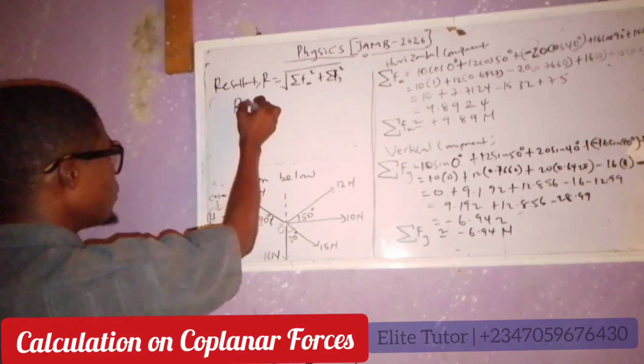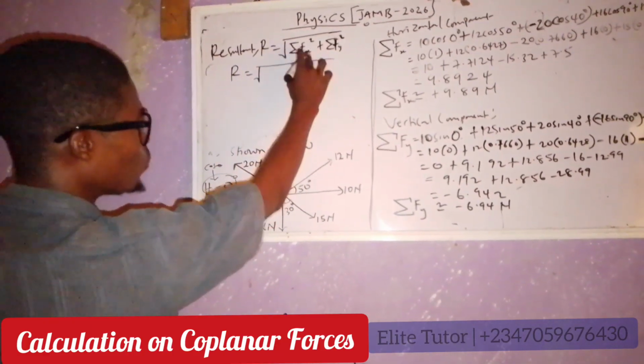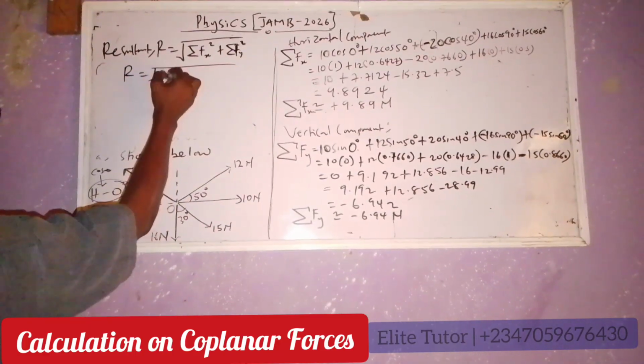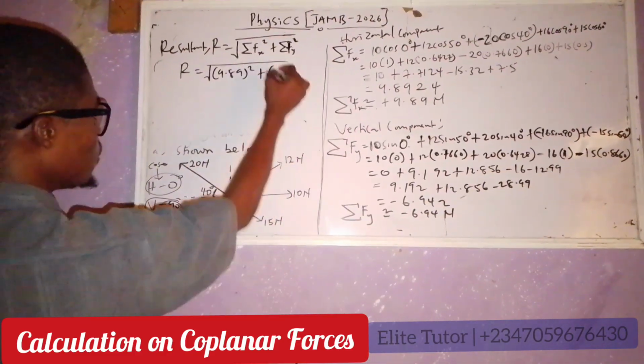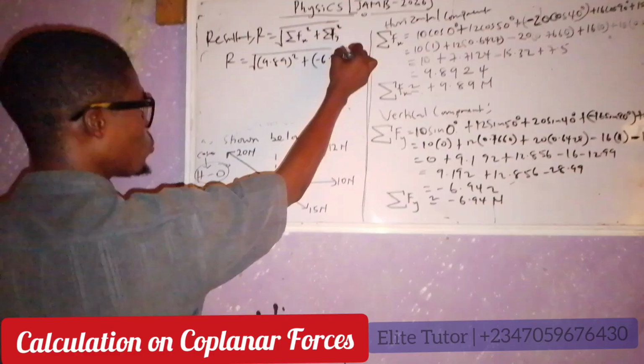So R is equal to the square root of, what do we get for the x? We have got 9.89 squared plus, in brackets, minus 6.94 squared.